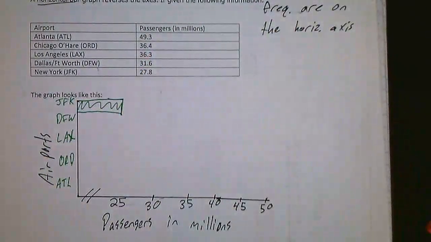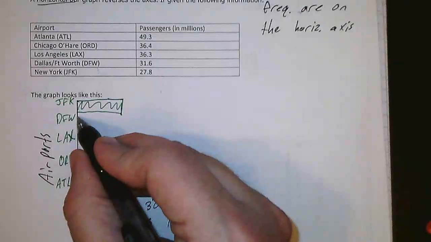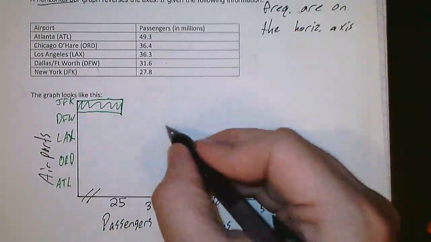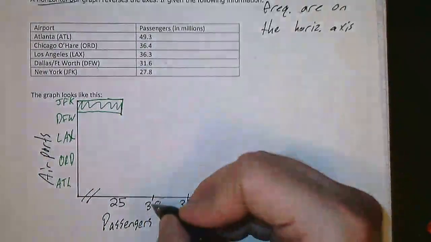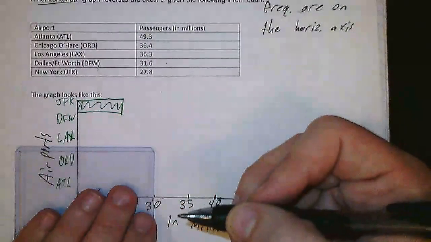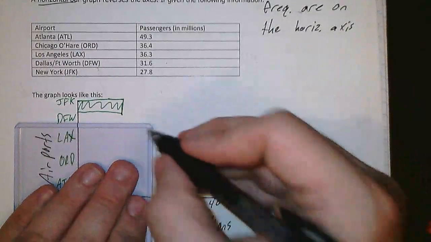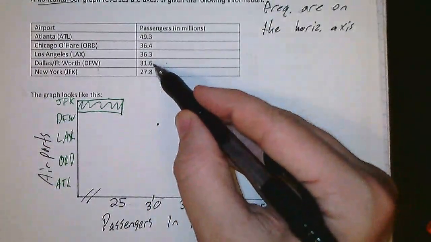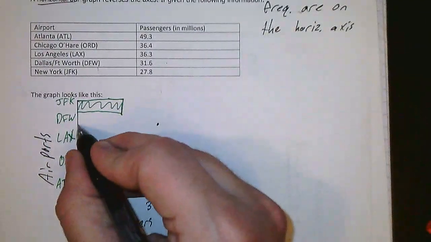And our bars should still not touch. So now we do DFW, which should end a little past 30 million. So there's 30 million. We'll go somewhere around here. Just past 30 million, for that 31.6.